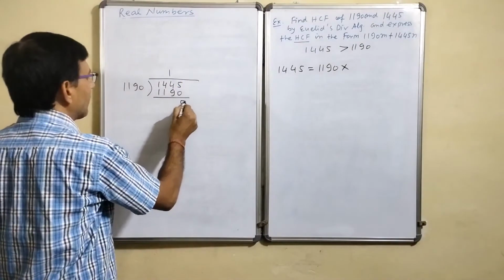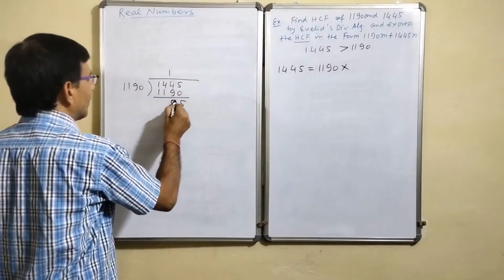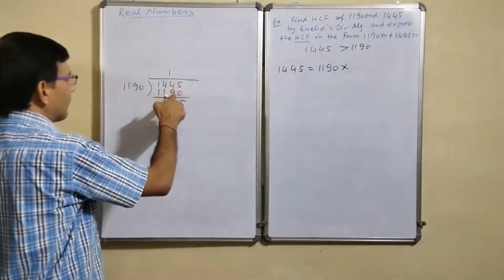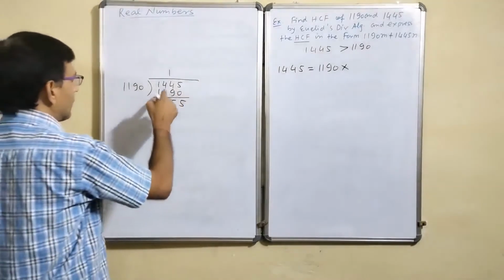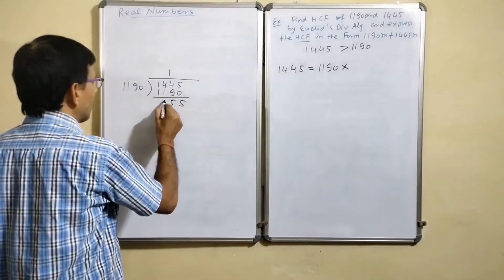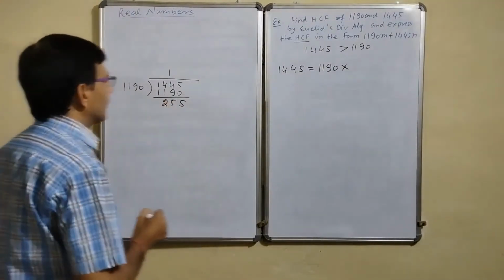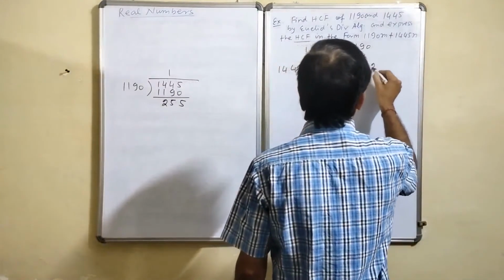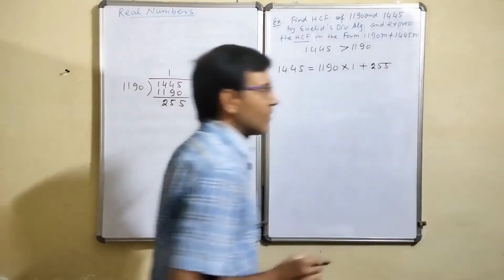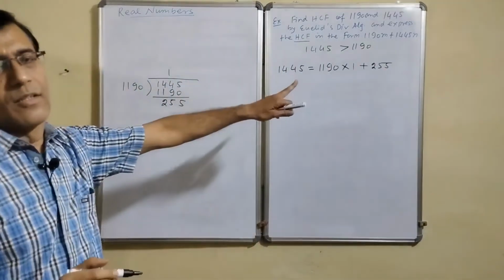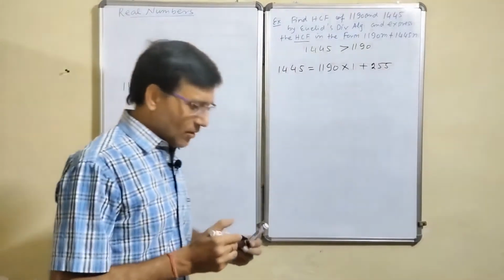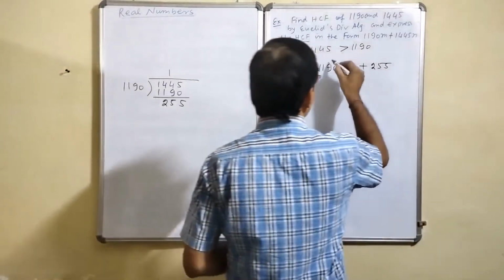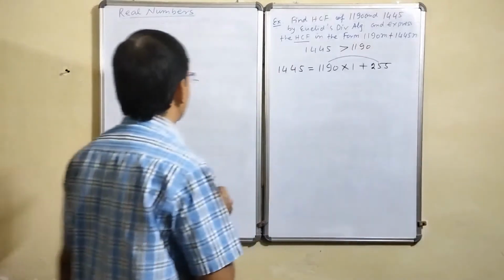Remainder is 255. Again you see the remainder is not 0. So again we will apply division lemma between 1190 and 255.